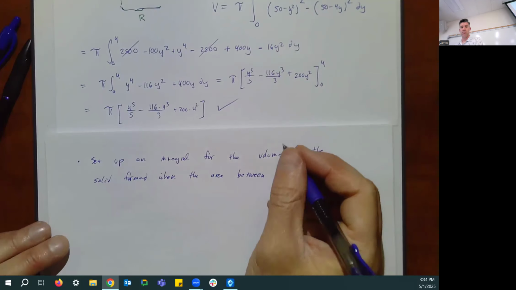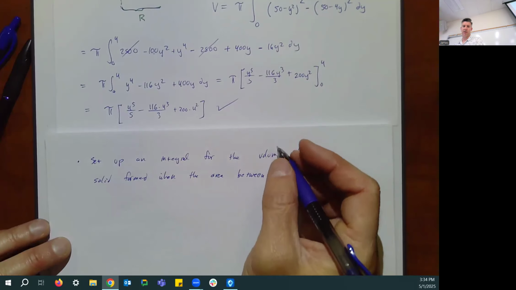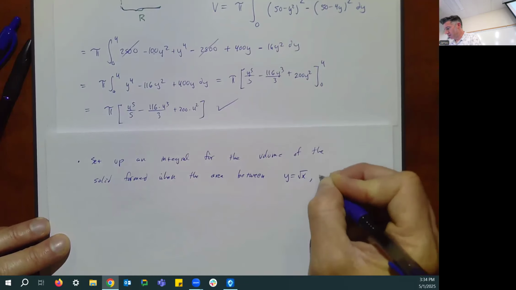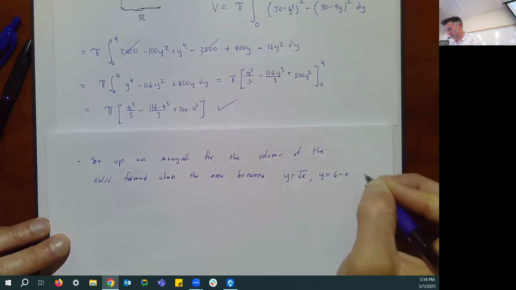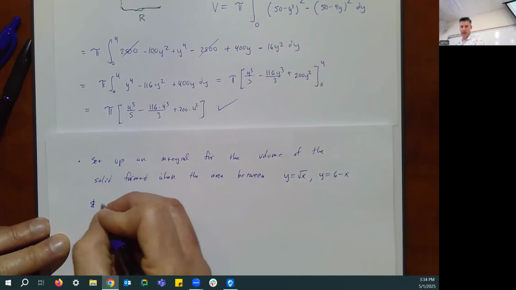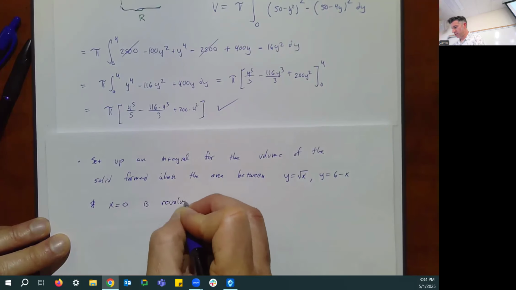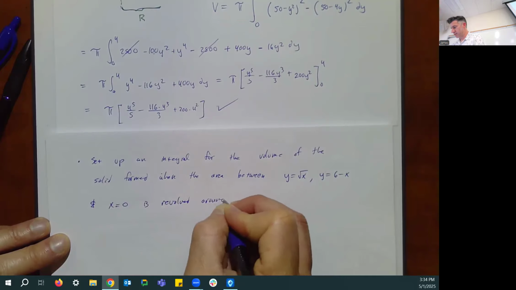I could go that way. No, we'll do it that way. Between y equals root x, y equals 6 minus x, and x equals 0 is revolved around the y-axis.